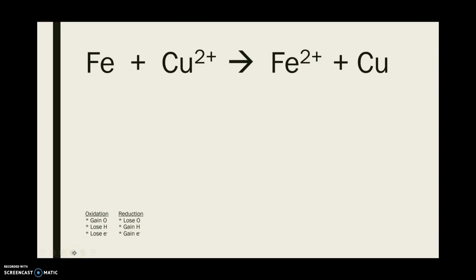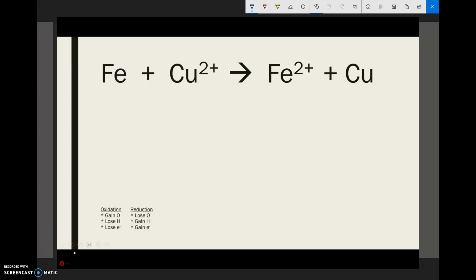Next example. This one, notice we have no oxygen and no hydrogen, and so we're going to look at oxidation numbers. So here we have our iron and our iron ion. The oxidation number of any element by itself is 0. When it's a monatomic ion, it's just the charge of the ion. So this went from 0 to 2.